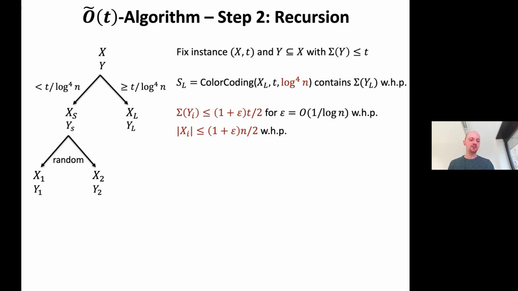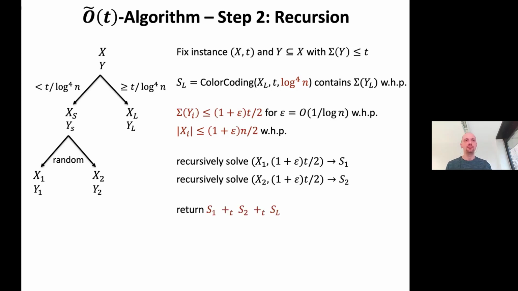But because all these items are small, you can show some kind of Chernoff-like concentration, that this has to be close to T half with high probability. And we're losing just this 1 + 1 over log n factor. And similarly, the number of items in the two random halves drops by about a factor 2.